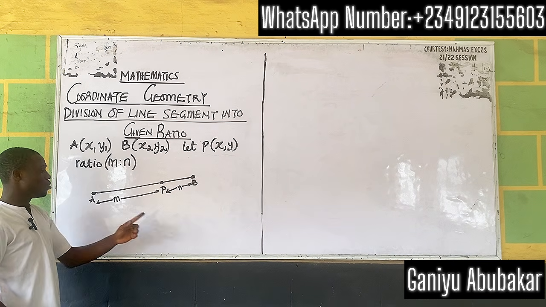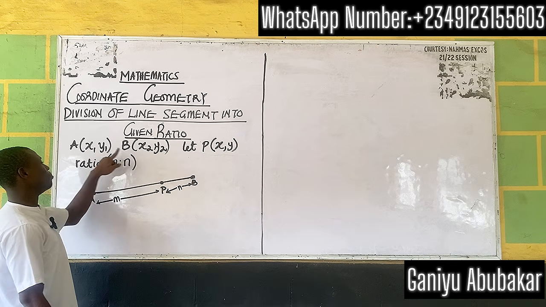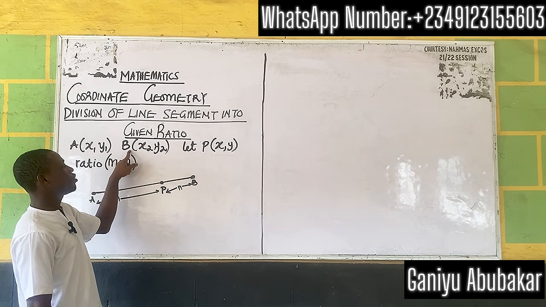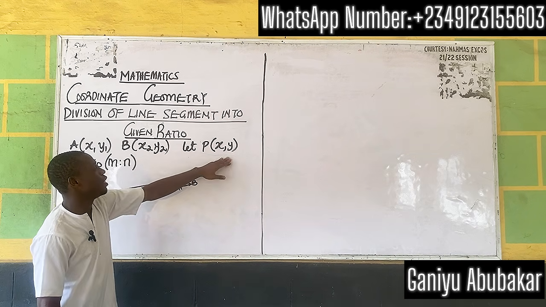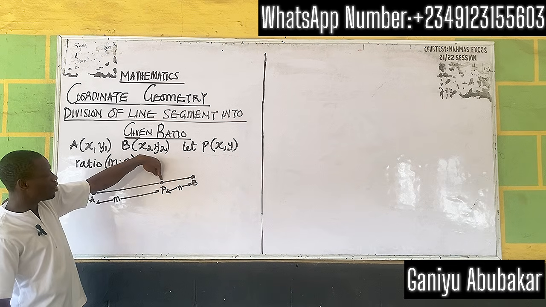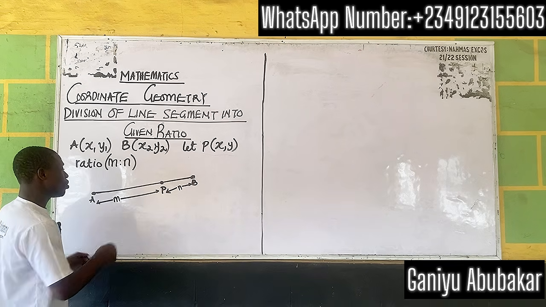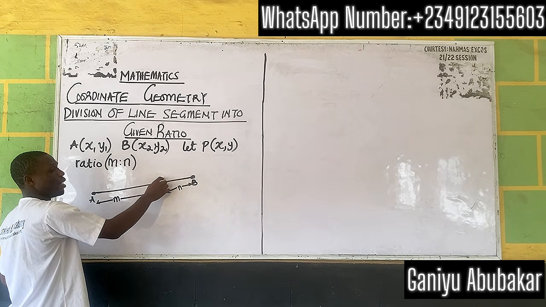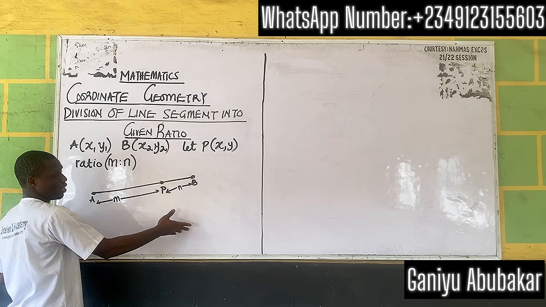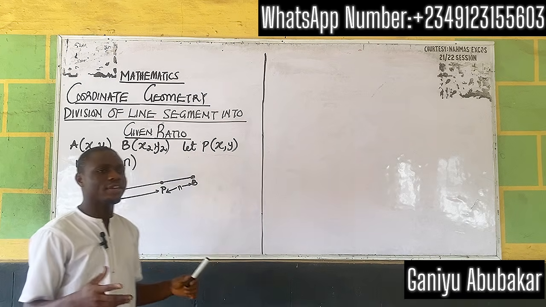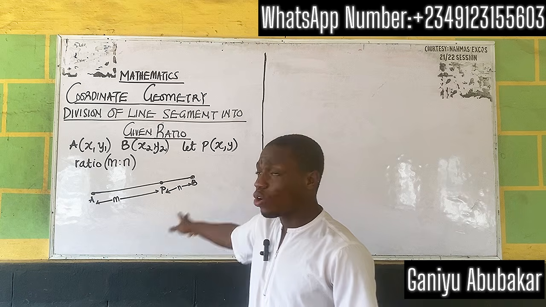They will give you a ratio, for instance m/n, given 2 points A and B. Let this point P be the point at which the ratio is divided, the point that separates the two ratios from each other. So here's the technique and idea. When it comes to dividing a line into a ratio, don't doubt that you're using this concept.